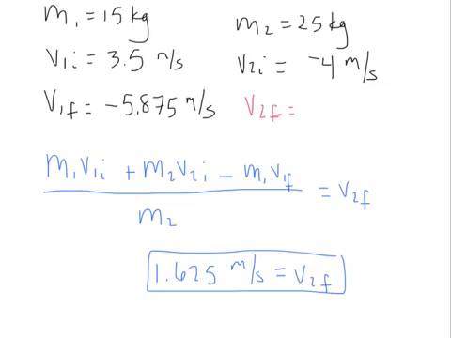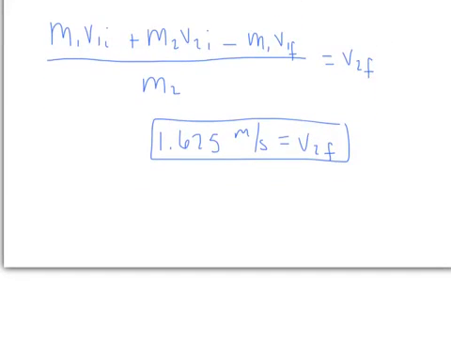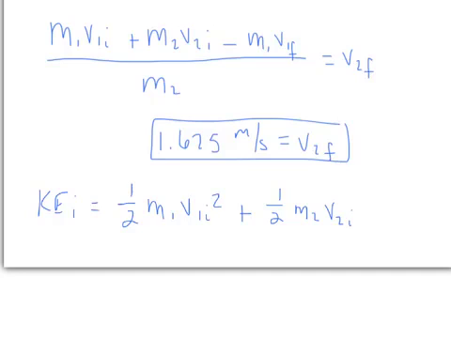Now we want to verify that this is correct by looking at the kinetic energy before and after. The kinetic energy initially is going to be 1/2 times the first mass times the first mass's velocity squared plus 1/2 times the second mass times the second mass's initial velocity squared. The energy after is going to be the same thing, but with a final instead.